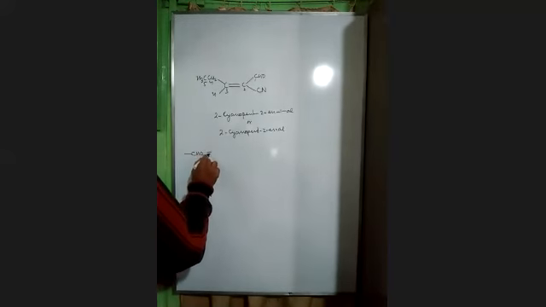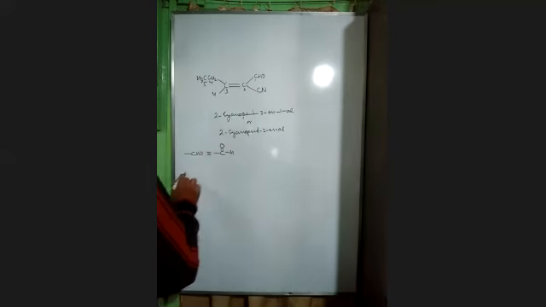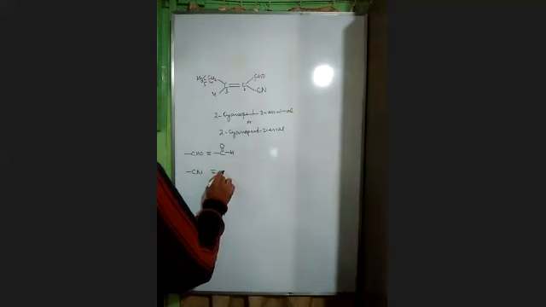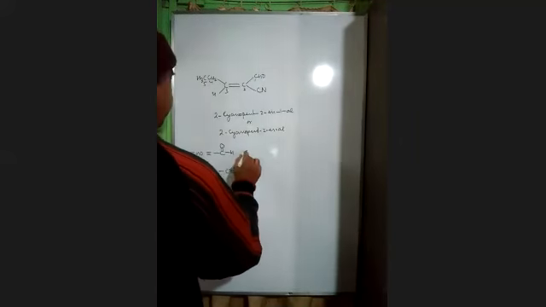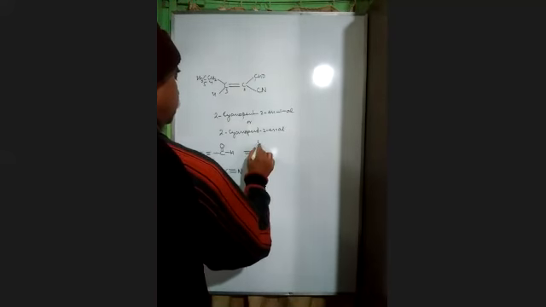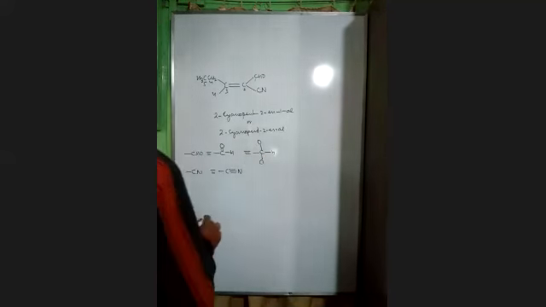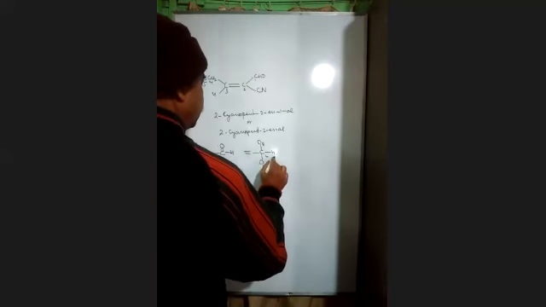Let me write this one again. CHO is equivalent to this, and CN is equivalent to C triple bond N. So it is 6, 8, 8, 1.